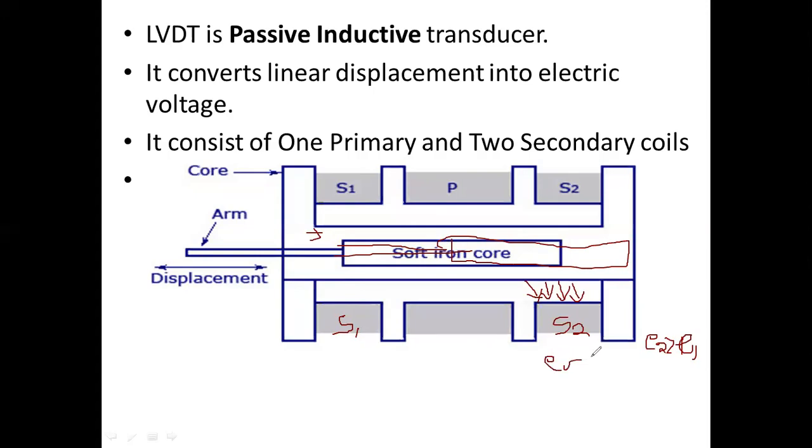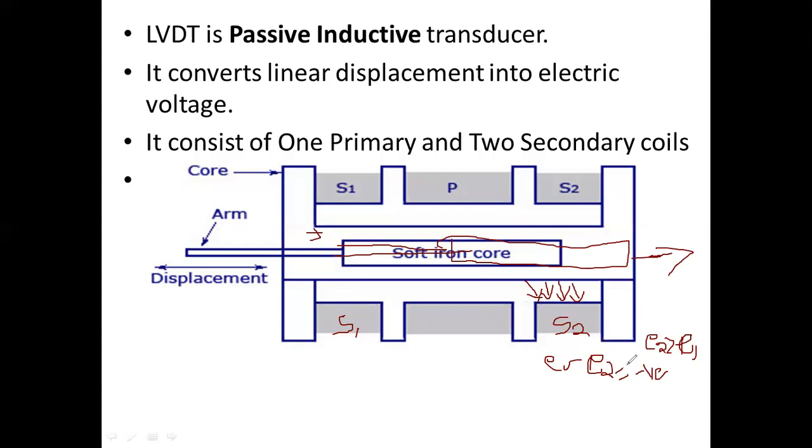So E1 minus E2 gives a negative answer. A negative answer means it is on the right side of the null position. Displacement occurred to the right side, and we observe the displacement in the form of voltage.